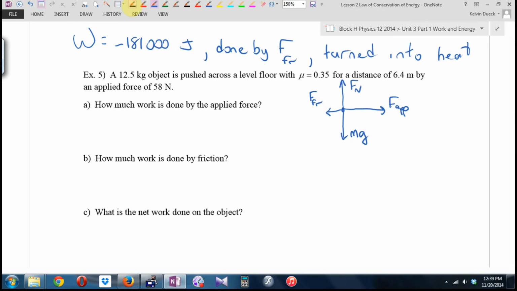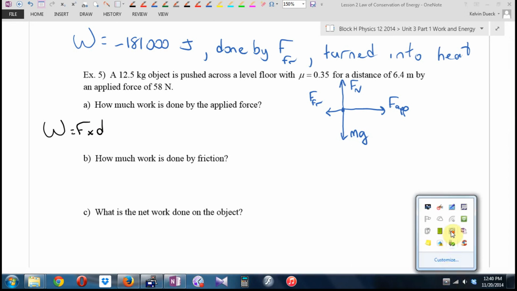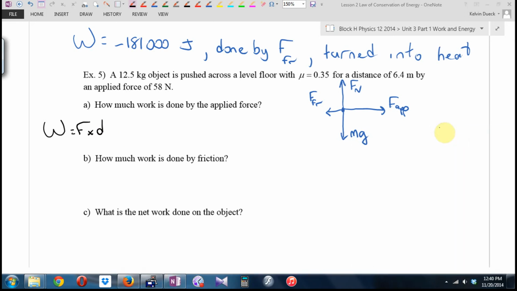Part A says, how much work is done by the applied force? Well, work equals force times distance. My pen just quit working right in the middle of a line. That's a little strange. Which force?